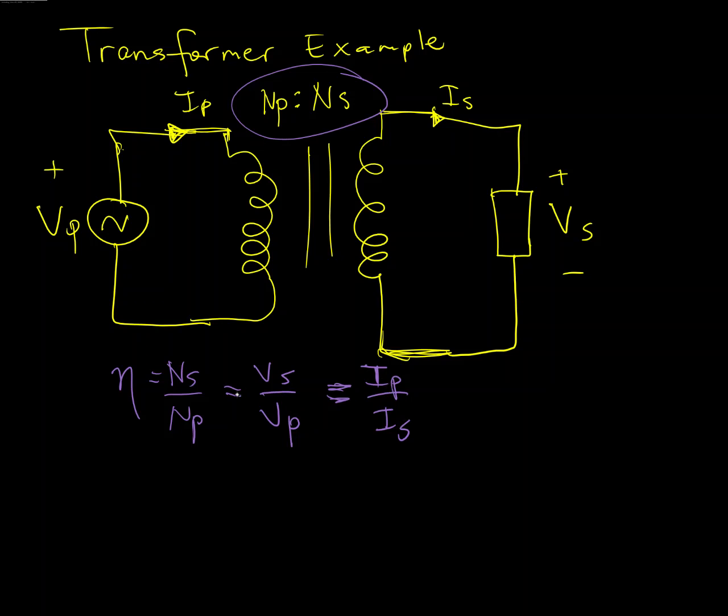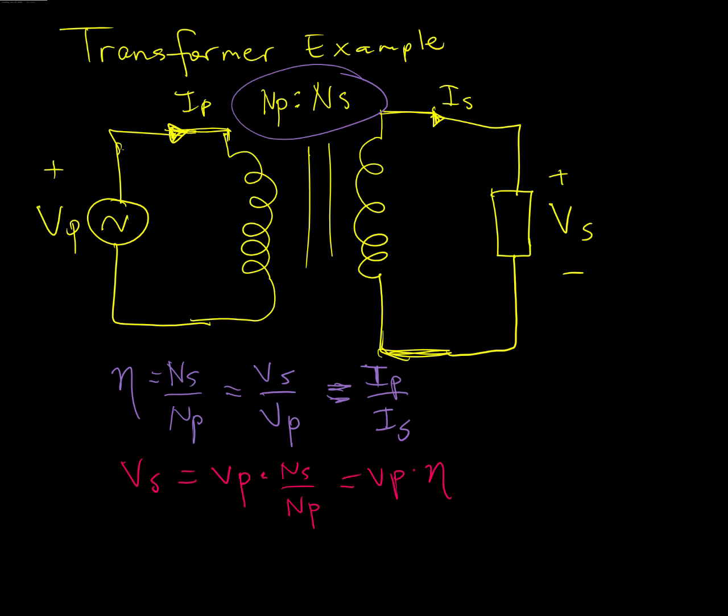So looking at these equations, we know that the voltage on the secondary is equal to the voltage on the primary times NS over NP, which is VP times this turns ratio. And so you can see if NS is less than NP, we're going to step down and VS is going to be smaller than VP.